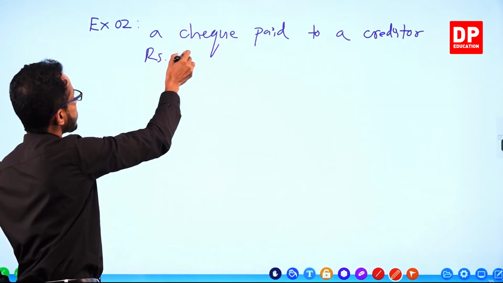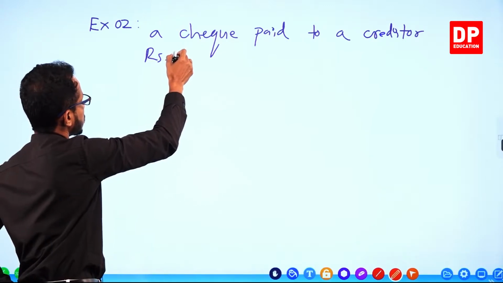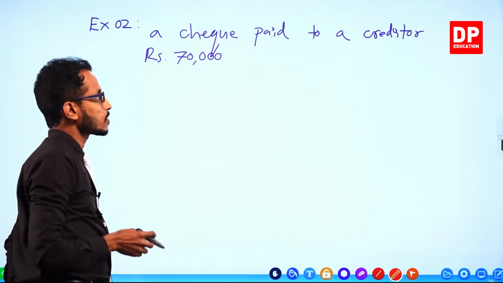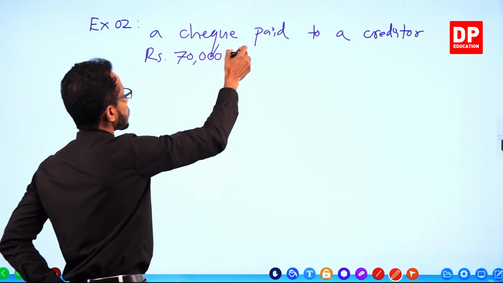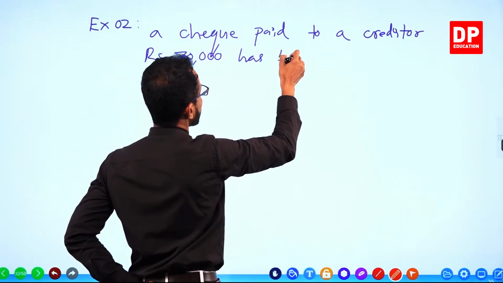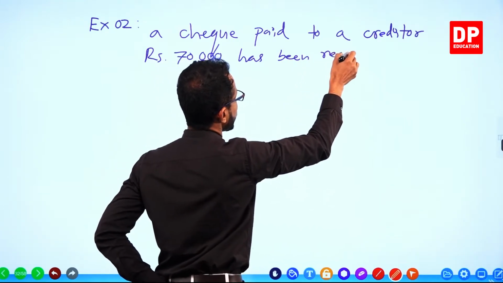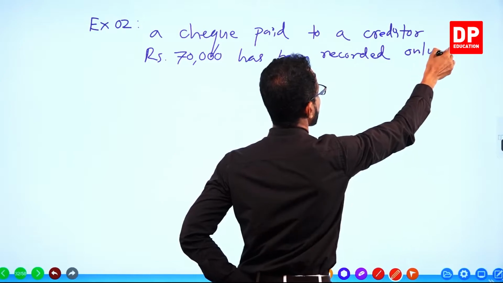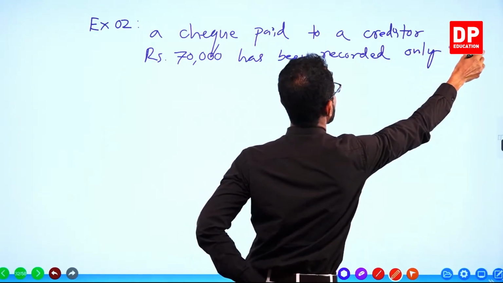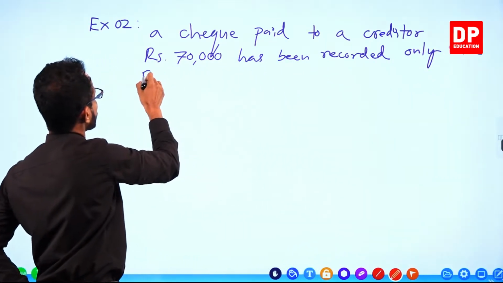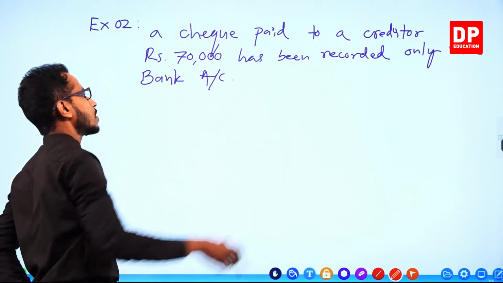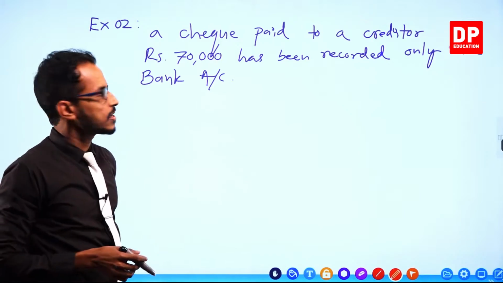Rupees, let's say 70,000, has been recorded only in the bank account. There you go. This is another error.